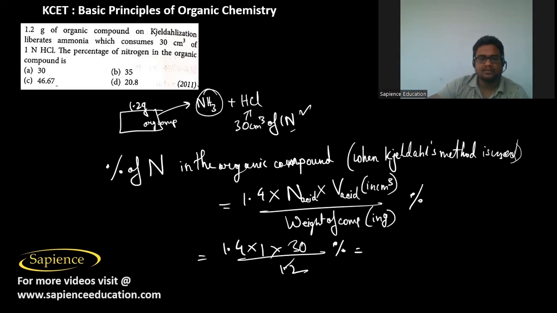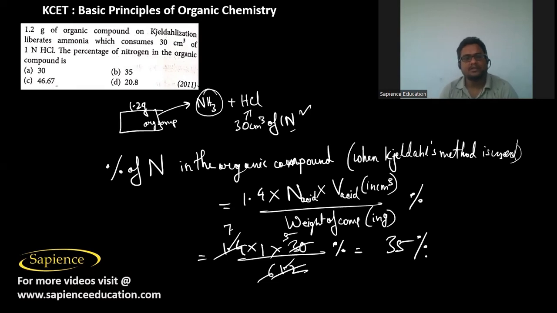The point will get cancelled, then 2 6s are 12, 2 7s are 14, then 6 5s are 30. So 7 5s are 35%. So 35% of that organic compound is nitrogen. Option B is the correct answer.